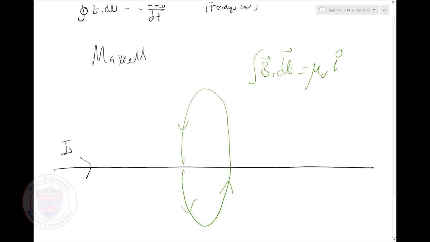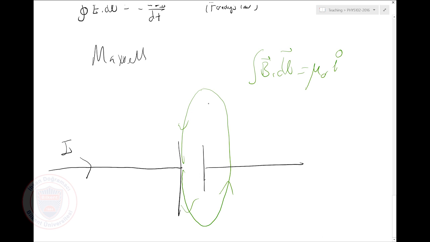What if I really zoom in here, and instead of an unbroken wire here, maybe it's not really a wire, but there is a capacitor here, a small capacitor.